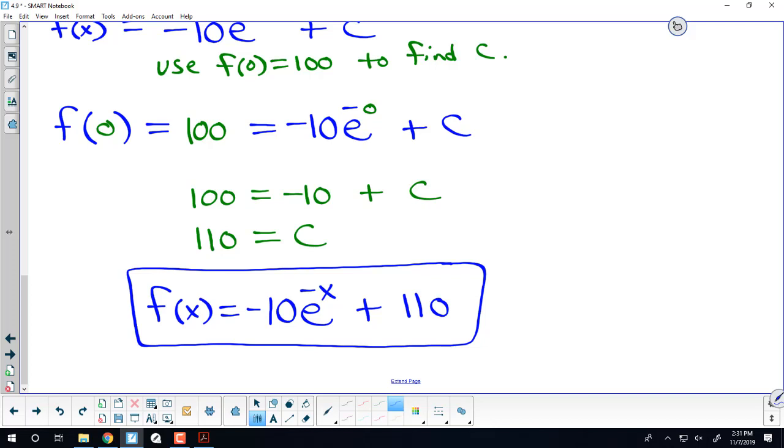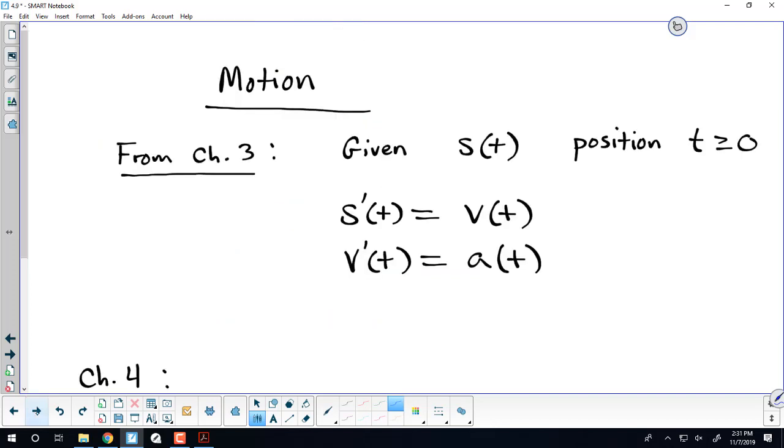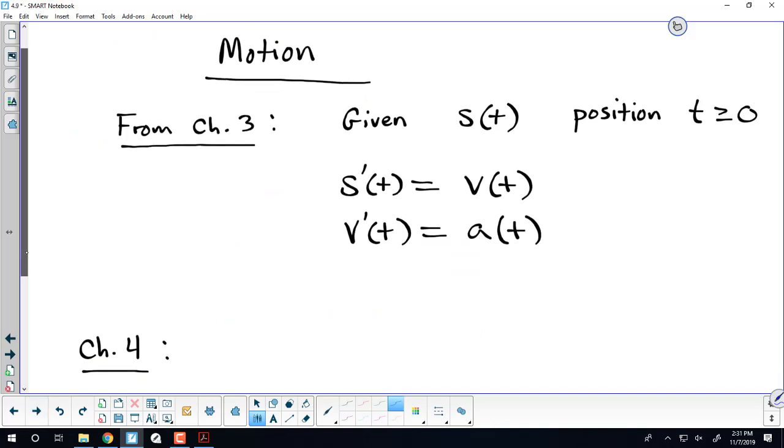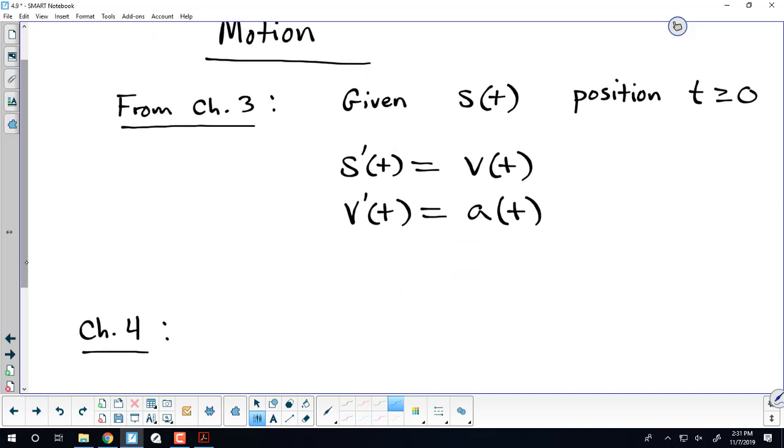And so really the main thing we use that for is when we look at those motion problems with position, velocity, and acceleration. Those are initial value problems. So from chapter 3, we were given a position function, and then we said if I take the derivative of the position, I get the velocity, and if I take the derivative of velocity, I get acceleration.